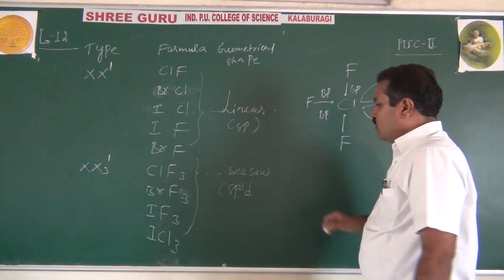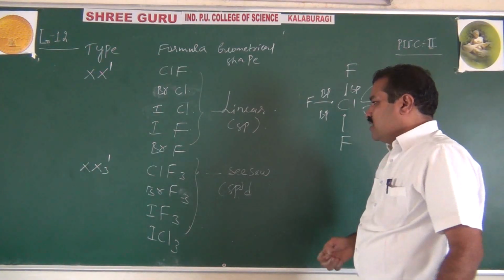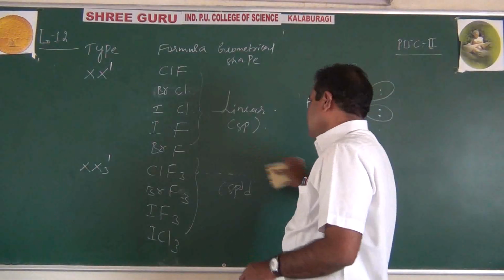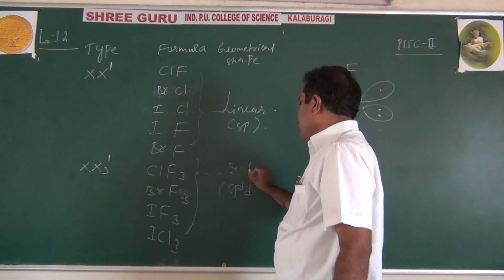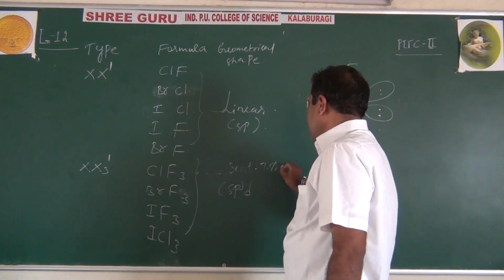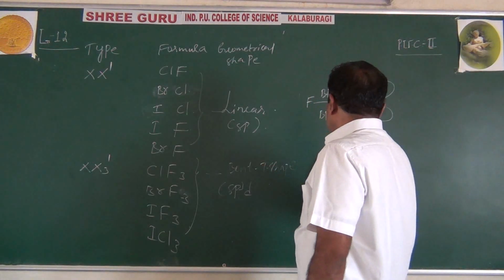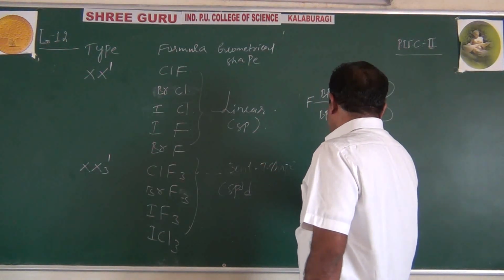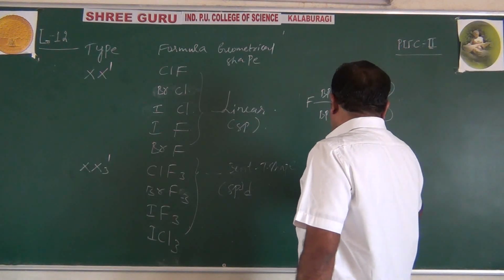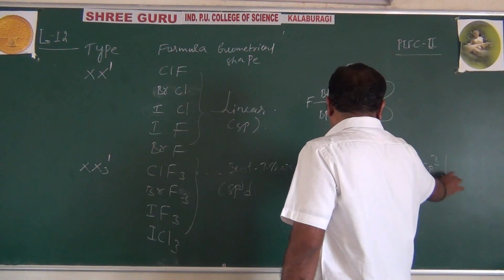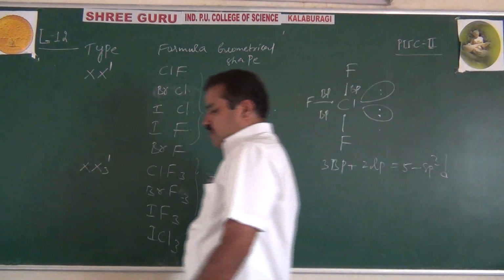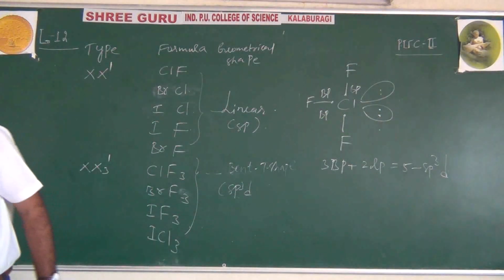This is called, sorry, not seesaw, it is a bent T shape, having sp3d. Why sp3d? Because 3 bond pairs plus 2 lone pairs, total 5 electron pairs means it is sp3d hybridization, which you already studied in chemical bonding.